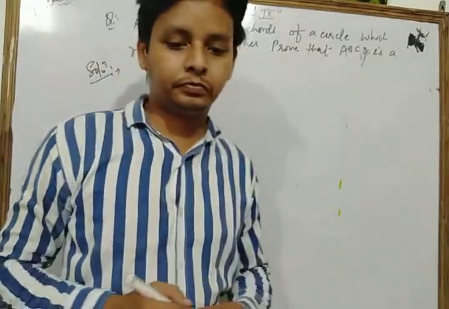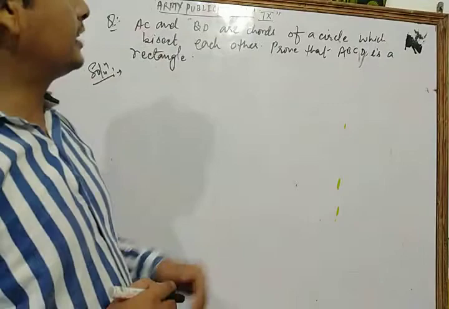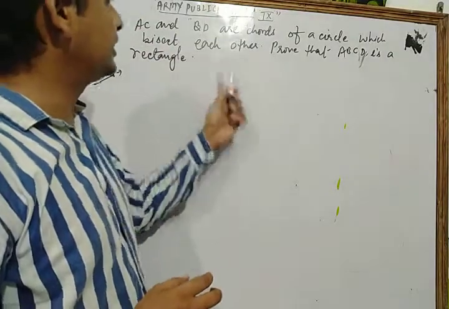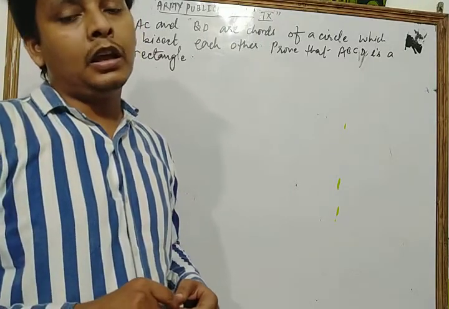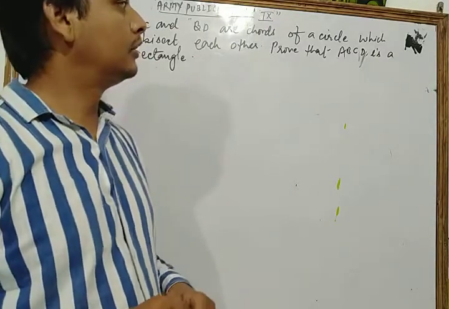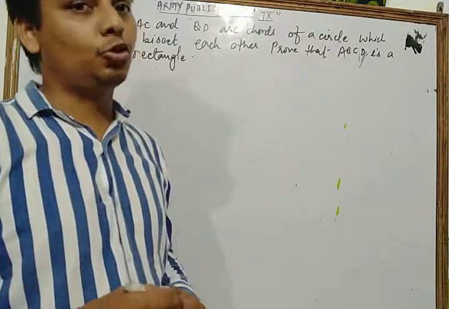Dear students, AC and BD are the chords of a circle which bisect each other. Prove that ABCD is a rectangle. First of all, we draw a cyclic quadrilateral.